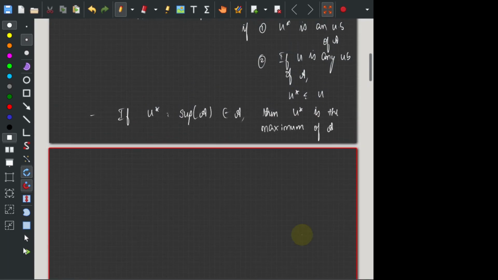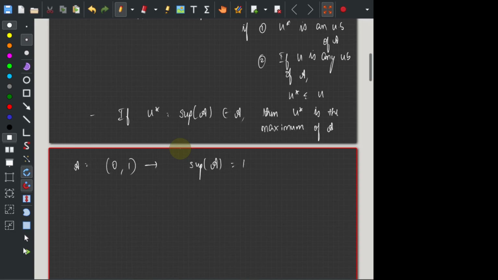Okay, so let's see some examples. Suppose I have the interval 0 to 1. In this case, what is the supremum? Yeah, straightforward. Equal to 1. Does it have a maximum? No, right? And how do you verify that this is indeed the supremum? So firstly, the first property is clear, right?